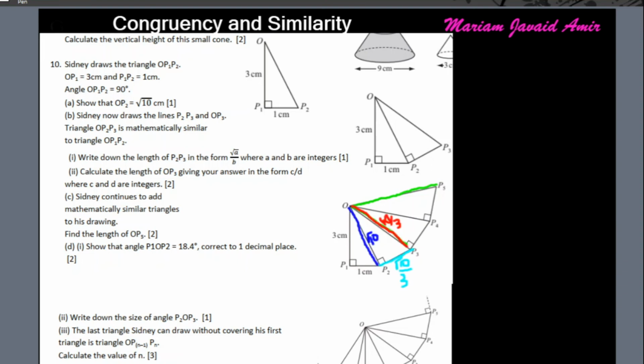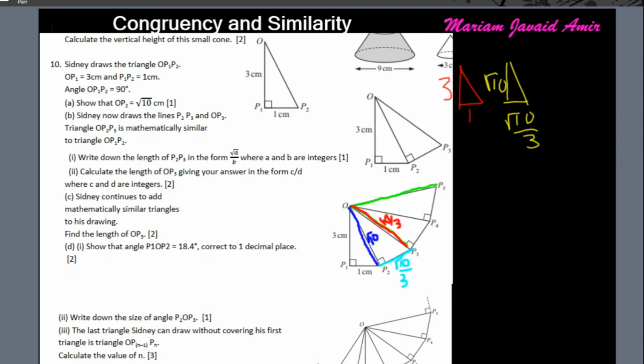Alright, for this part, let me try to draw all these triangles separately. First I have a triangle 3, 1. Next I have a triangle with lengths under root 10 and under root 10 over 3.